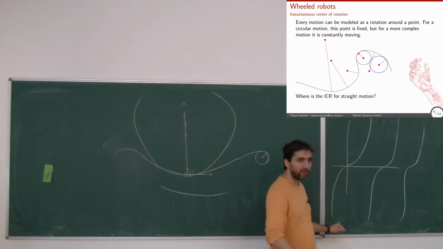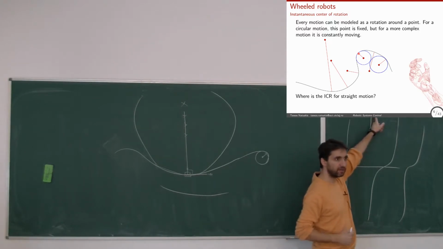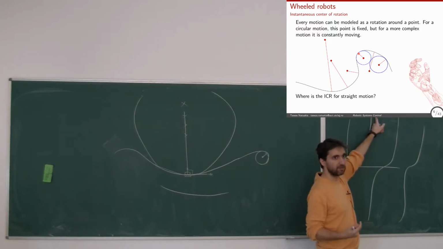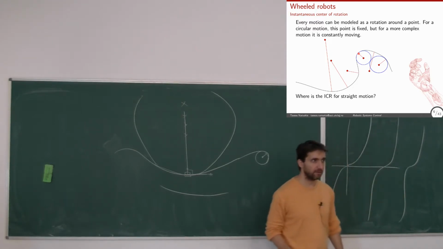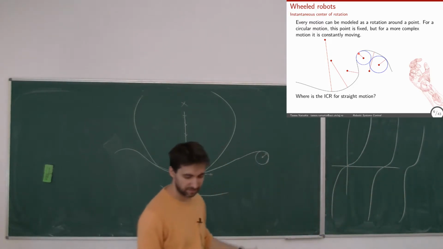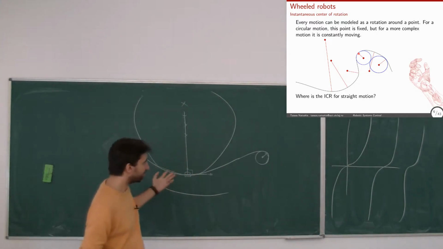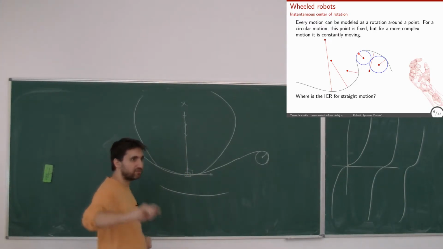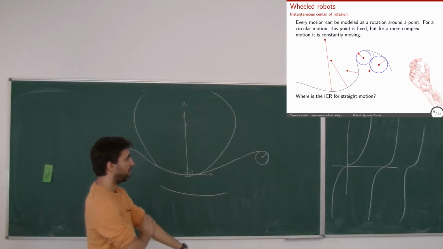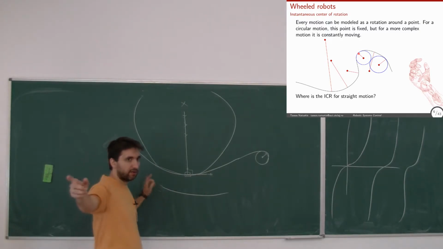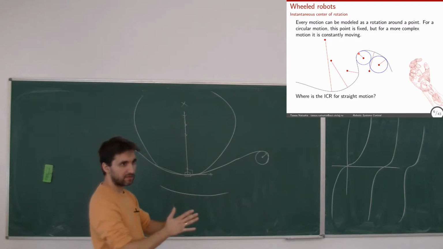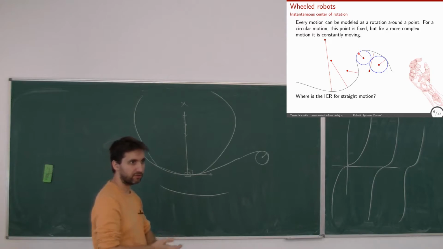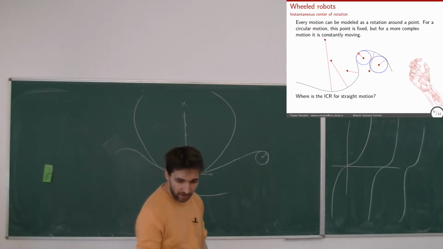So from minus pi over 2, it's minus infinity, until pi over 2, it's infinity. And then at pi over 2 plus something small, it jumps immediately to minus infinity. Remember this? So you can get a feeling why the instantaneous center of rotation also jumps from left to right infinity when I switch from straight motion to slightly right or slightly left motion. Okay?